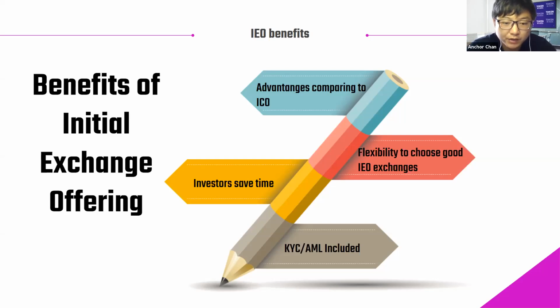To revive the ICO scene, exchanges began to host ICOs on their platforms. So this is where the name transitions from initial coin offering to initial exchange offering, as exchanges were now hosting the initiatives. So the next benefit is the flexibility to choose good exchanges.